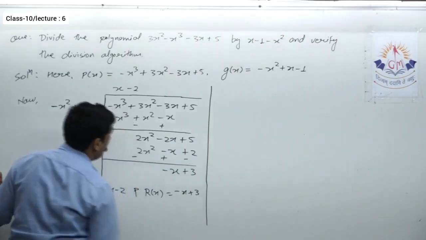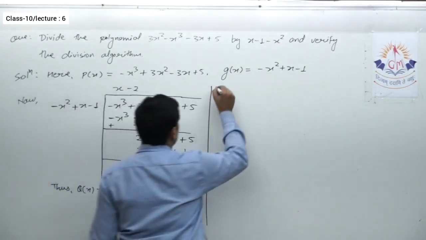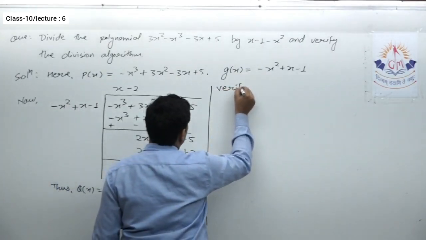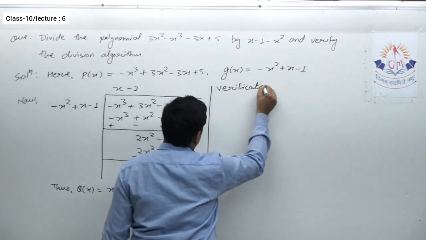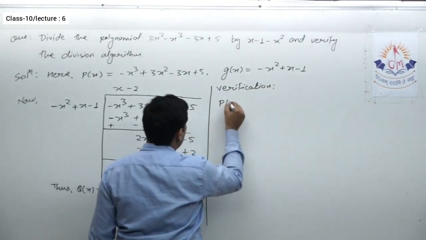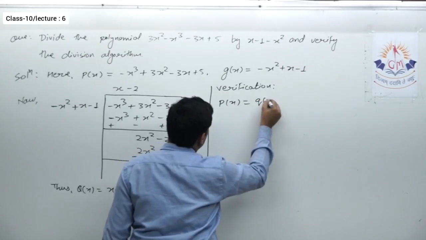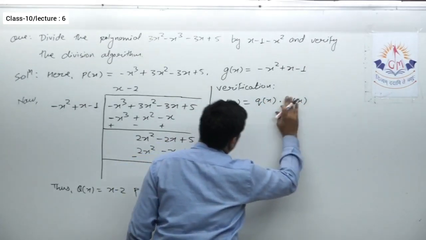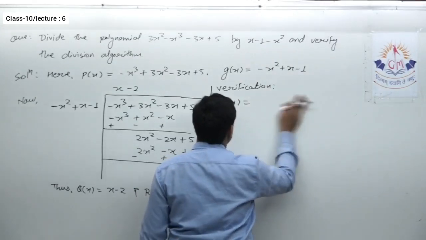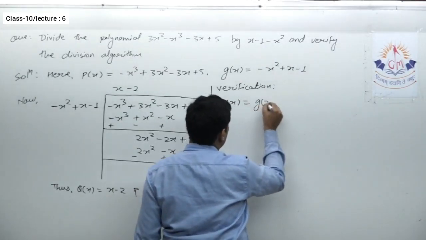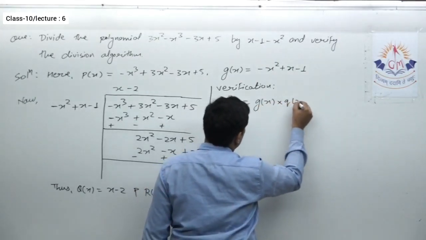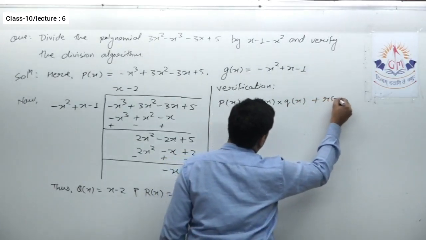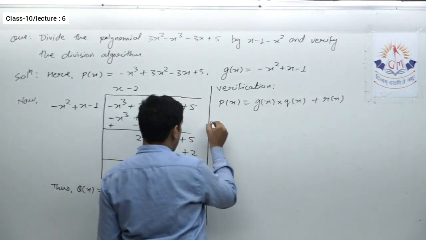Now here I will verify. The division algorithm is p(x) equals g(x) into q(x) plus r(x). I will start from the right hand side.